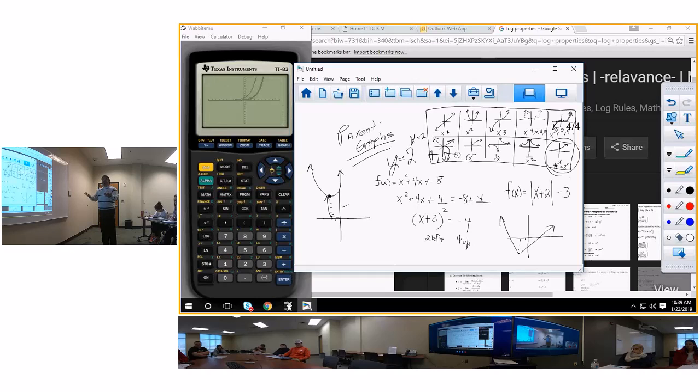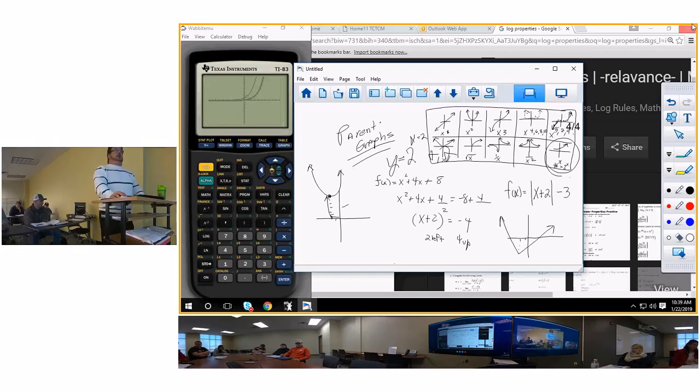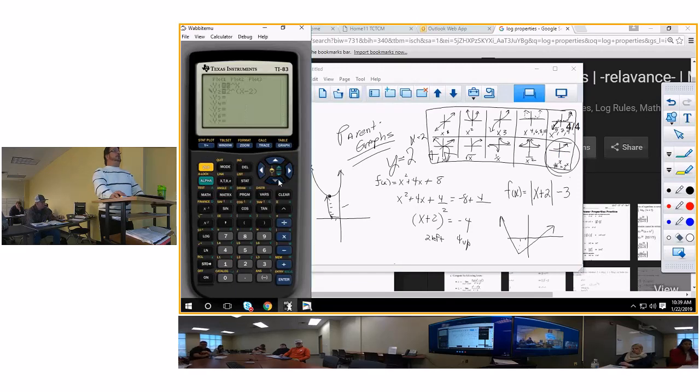So now, when I add a 7 to it, and you should be doing this on your calculator also, go to y equals. And now I'm going to make it dashed. There's my dashed. And I'm going to write 2 to the parentheses x minus 2.